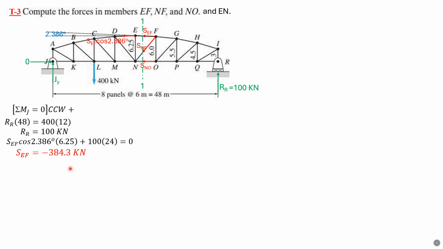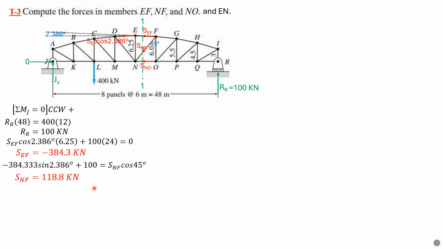We have SEF, which is negative 384.333 sine of 2.386, I use the accurate value, plus 100 equals 0. So SNF equals positive 118.8 kilonewtons, and that is in tension.